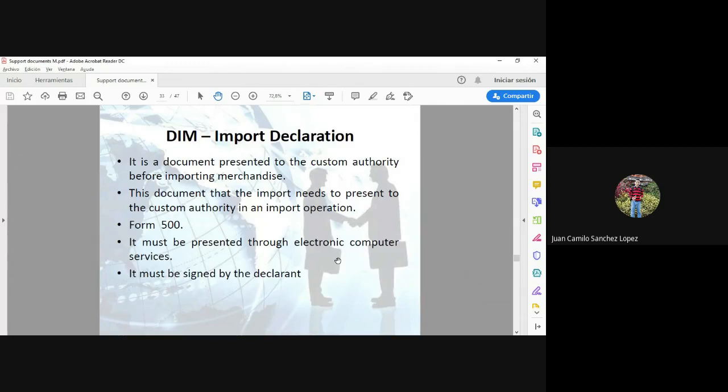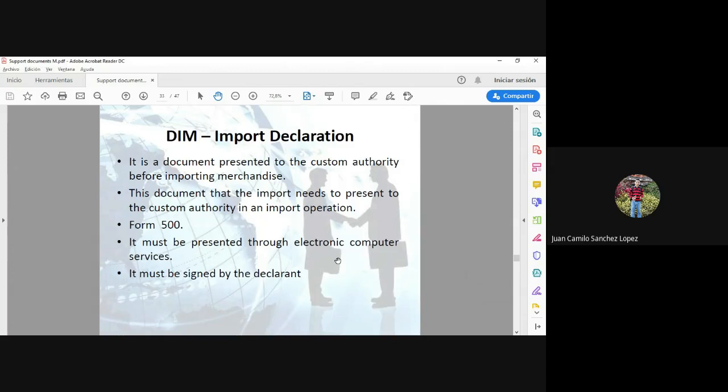At the beginning of the semester, we were talking about how the customs obligation in importation begins before the merchandise arrives. In this moment, when the importer asks for the import declaration, the customs obligation starts. So in this moment, it is necessary to present the Form 500 or the import declaration.